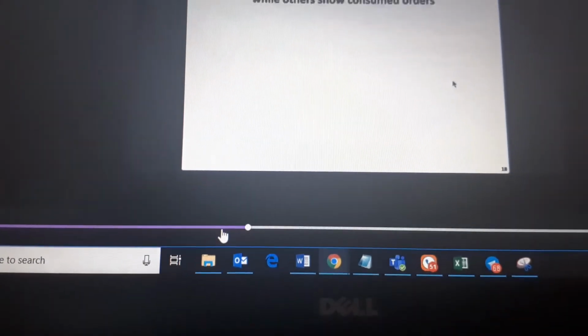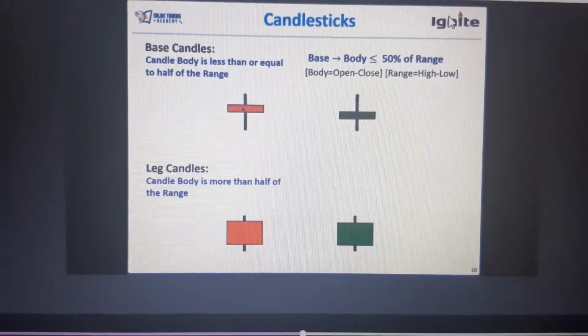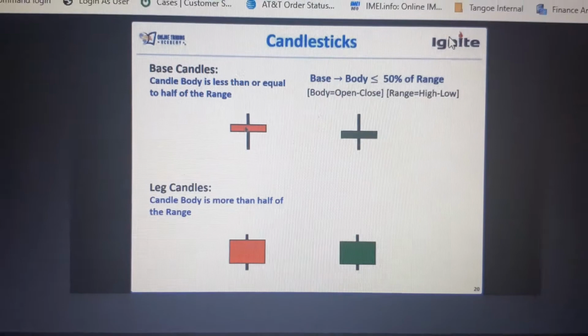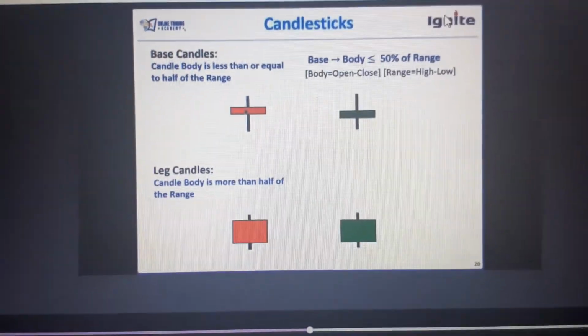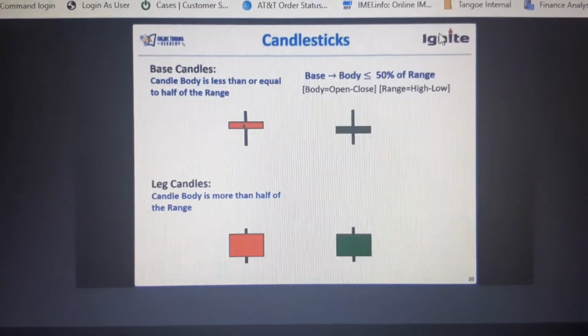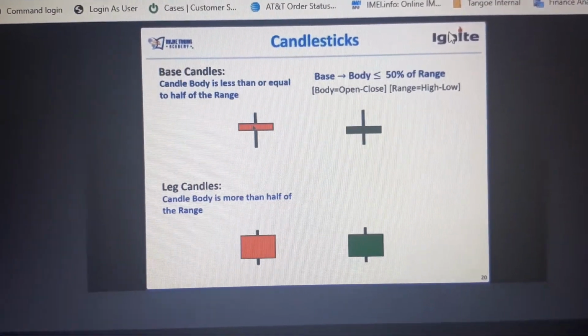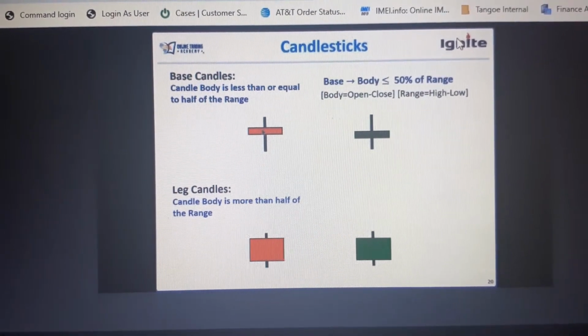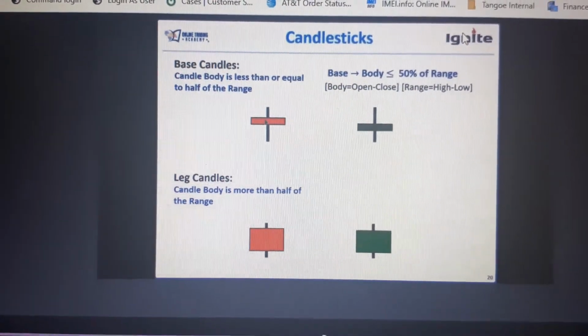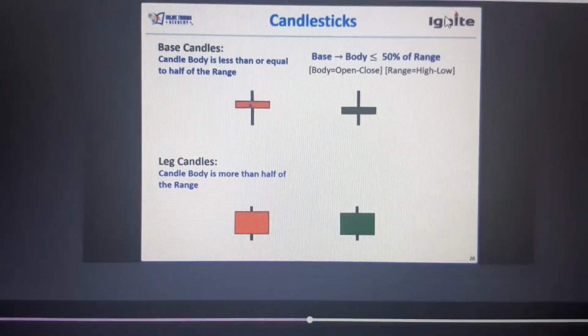So what we will do is we will take less than 50% of the range. So what is body? Body is the distance from the open to the close, and range is the distance from the high to the low.